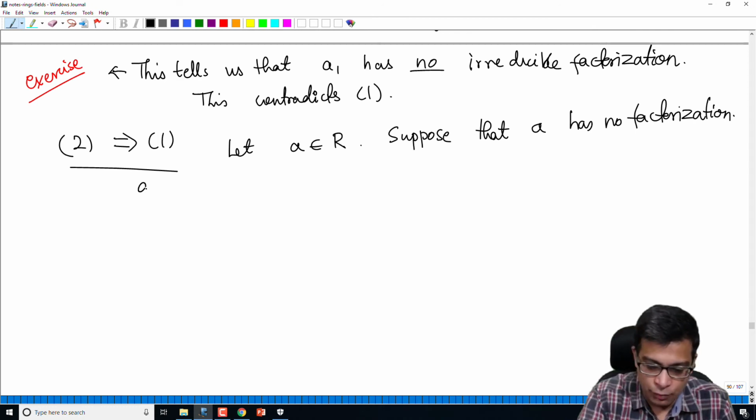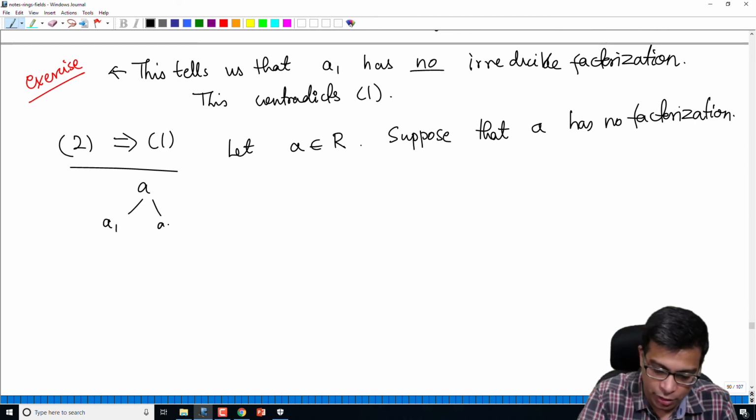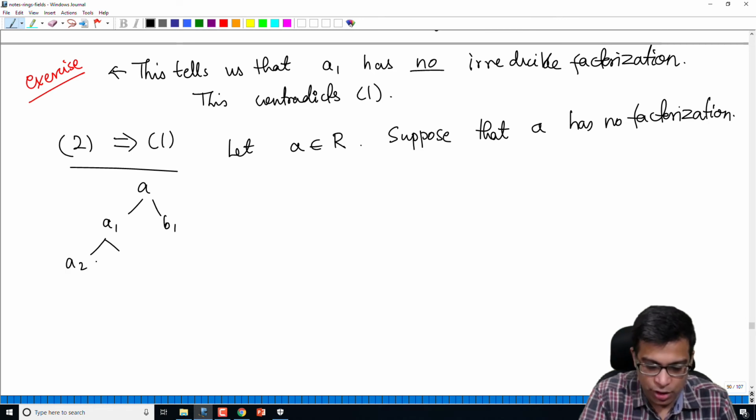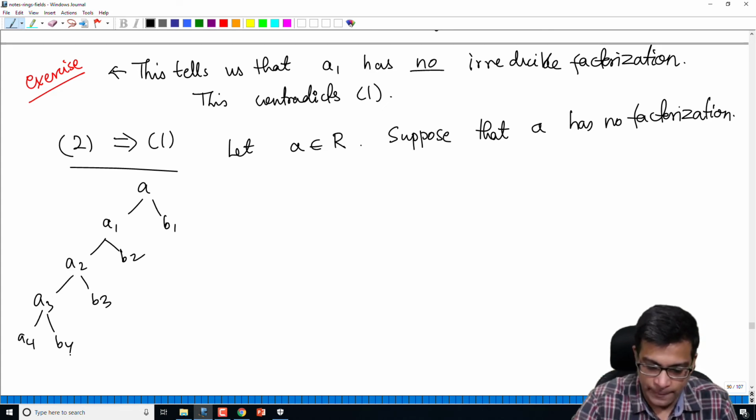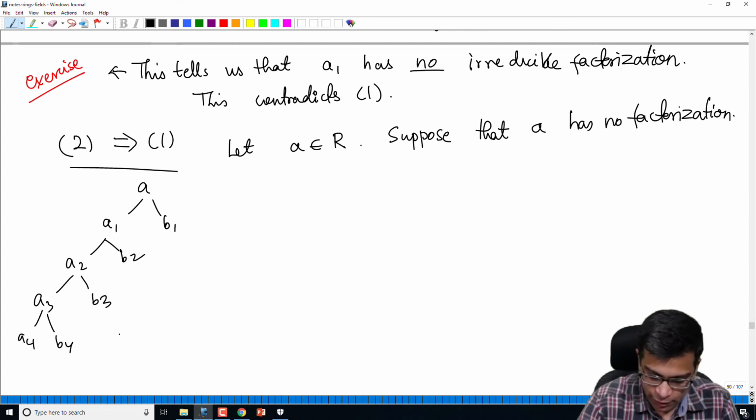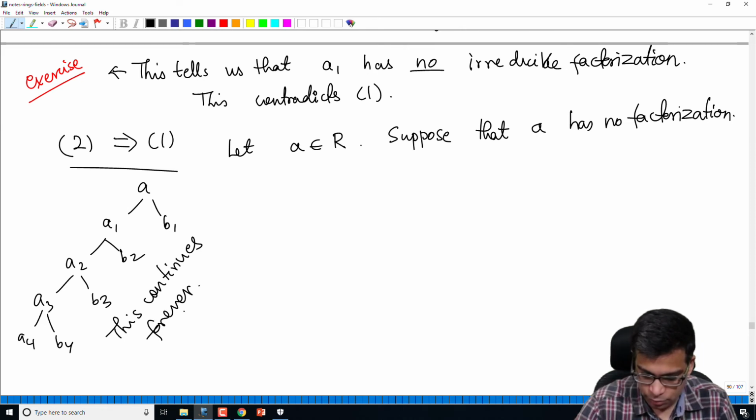That means we could have factored A as A1, B1, and we would then factor A1 as A2, B2, A2 as A3, B3, A3 as A4, B4, and so on. This must continue forever.